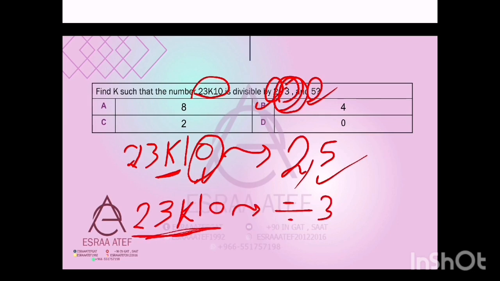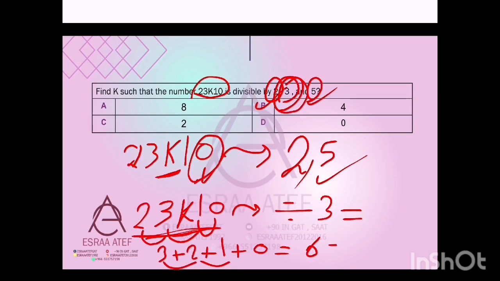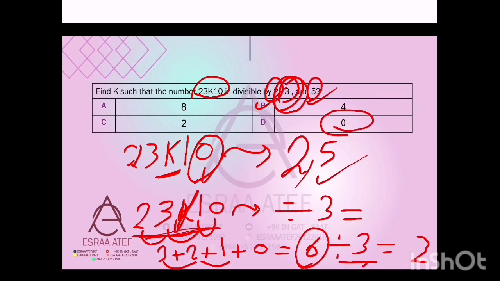So if we add 0 plus 1 plus 2 plus 3, that is 3 plus 2, which is 5, and 5 and 1 is 6. So it can be divided by 3. If we make k 0, the sum will be the same 6, which can be divided by 3, so the answer will be 0.